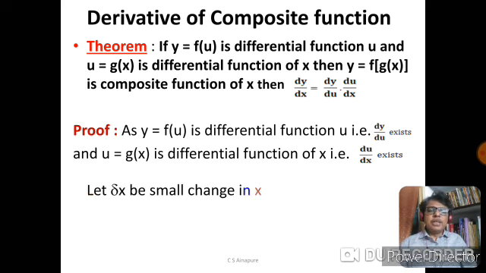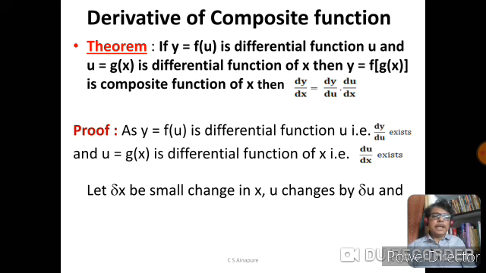So we will consider a small change delta x in x. Because u is a function of x, whenever x changes, u must change, but y is a function of u again. So whenever u changes, y must change.